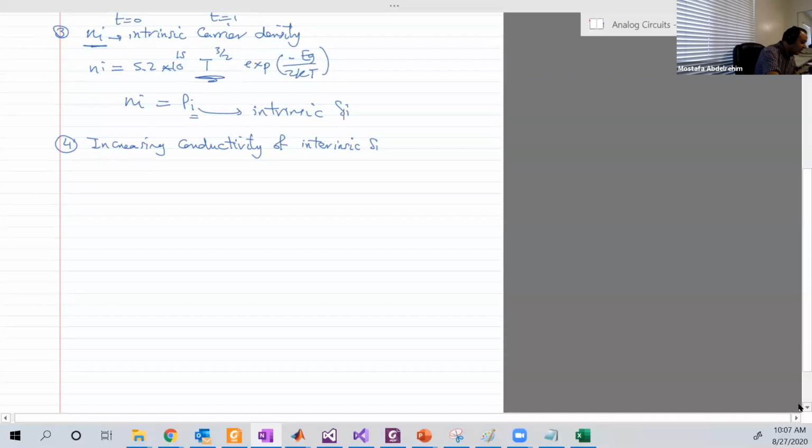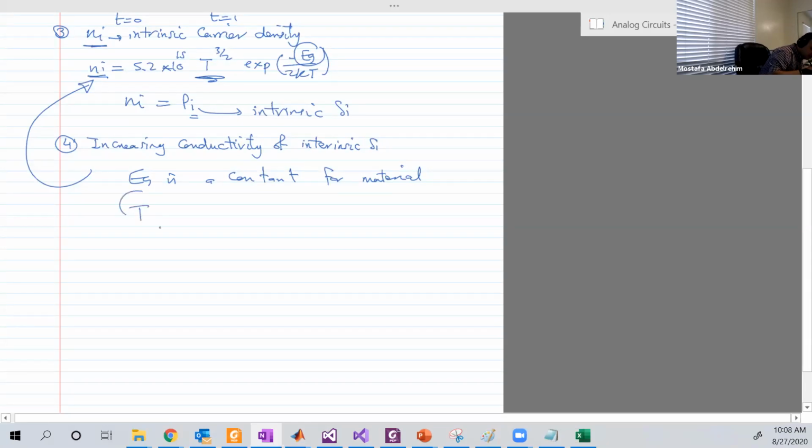The last concept that we covered also is how to increase the conductivity, and just by looking at this equation here, we can't play with Eg. Eg is a constant for the material. So we can't change it, we can't control it, but we can control the temperature, of course.